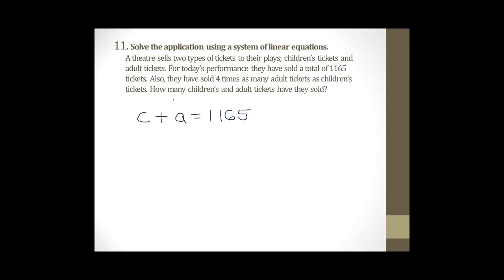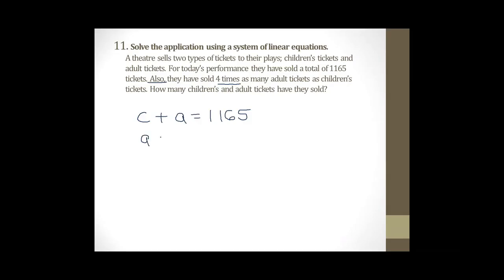Now the second equation I would get from this sentence. They have sold 4 times as many adult tickets as children's tickets.